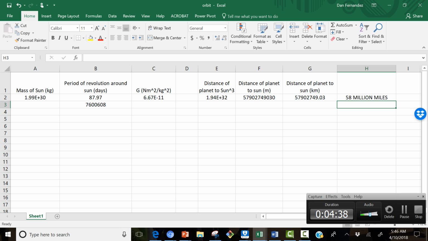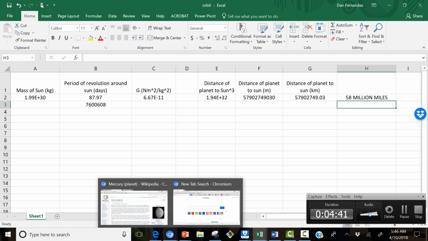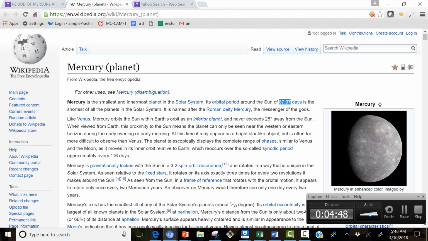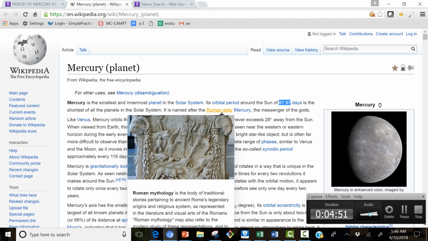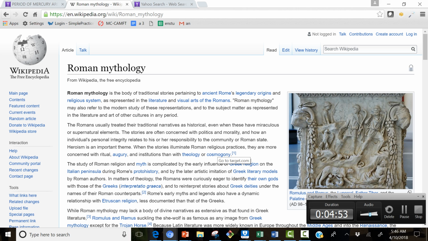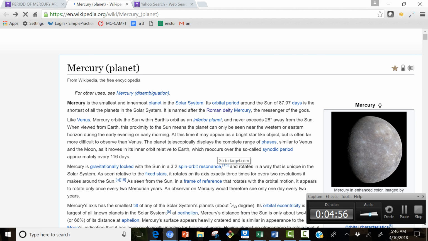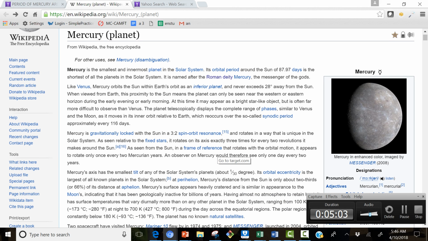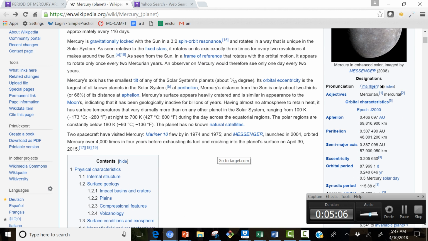And let's see what the internet says for the distance of Mercury from the sun. It should be one of the first things. It goes between 69 million and 48 million, it looks like.